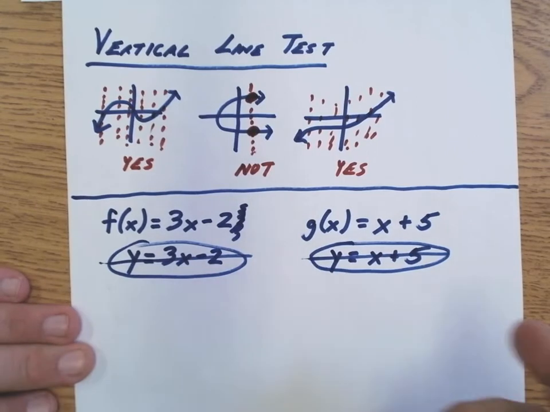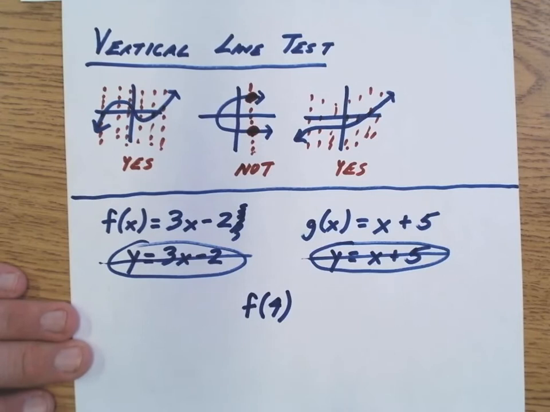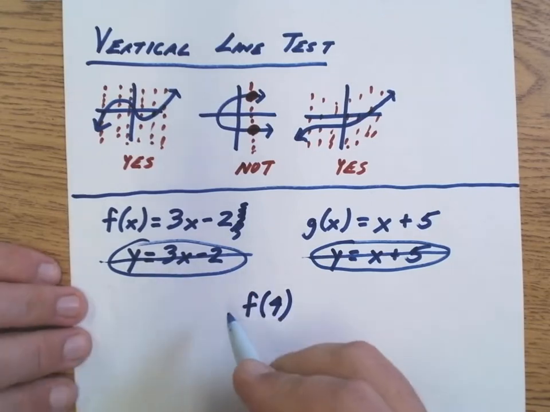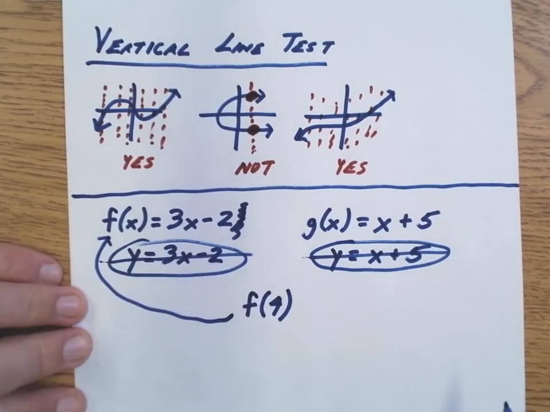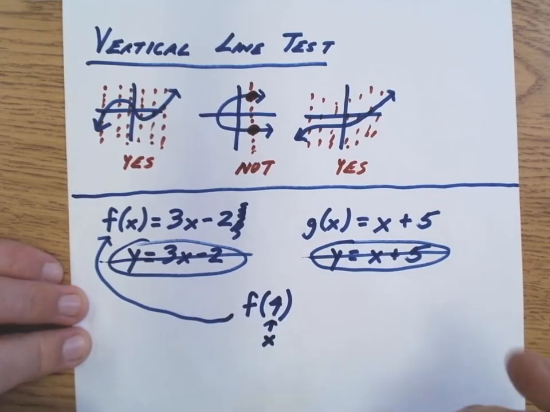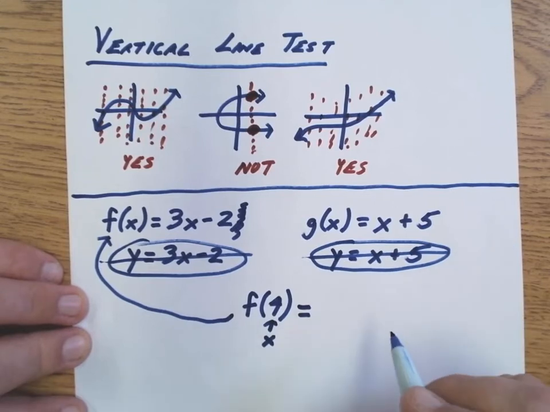Let's say we wanted to find f of 4. If we want to find f of 4, we find the f function, and this means that x is 4. Every time we see an x, we put 4 in place of it.